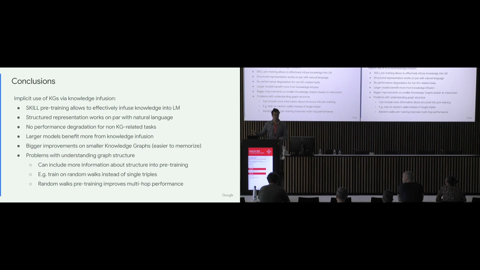So basically it's memorizing a lot of the knowledge graph and it's actually able to apply it. In the case of Wikidata, a much bigger knowledge graph, you need much bigger networks to memorize it, and even the large T5 models are struggling to memorize knowledge graphs as large as Wikidata.